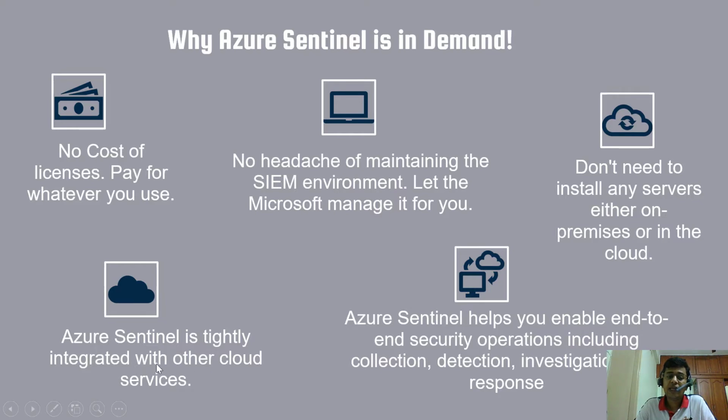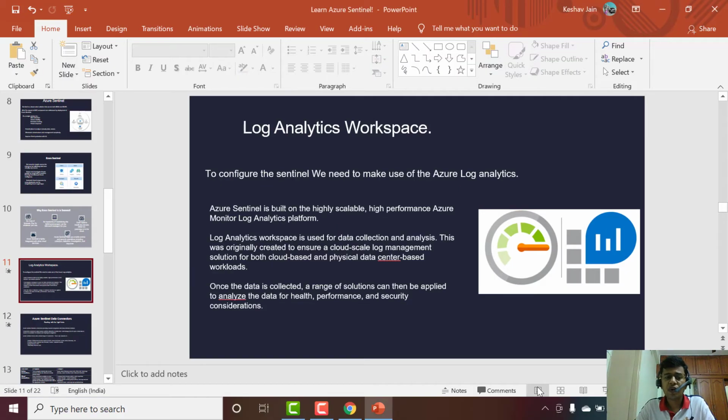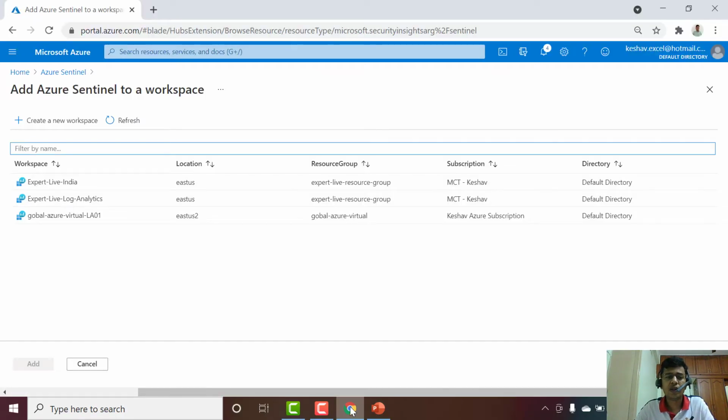It's tightly integrated with third-party clouds as well. You can collect the data from there also, and it will help you enable end-to-end security operations, including collection, detection, investigation, and response. So let's move to configuring the Azure Sentinel workspace.